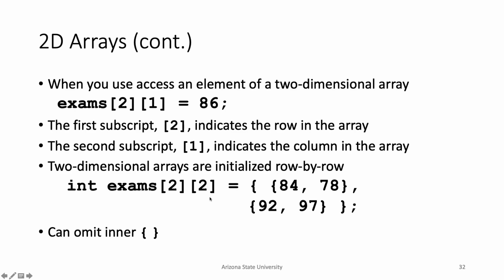So I can initialize a 2x2 array by putting an extra set of curly brackets on the outside. And then the first row is right here, followed by a comma. Then the second row is right here. So it's like I'm putting inner initialization lists inside. It works exactly the same way as well. And it says you can omit the inner curly brackets, but it's harder to reason about if you have a lot of data right here.